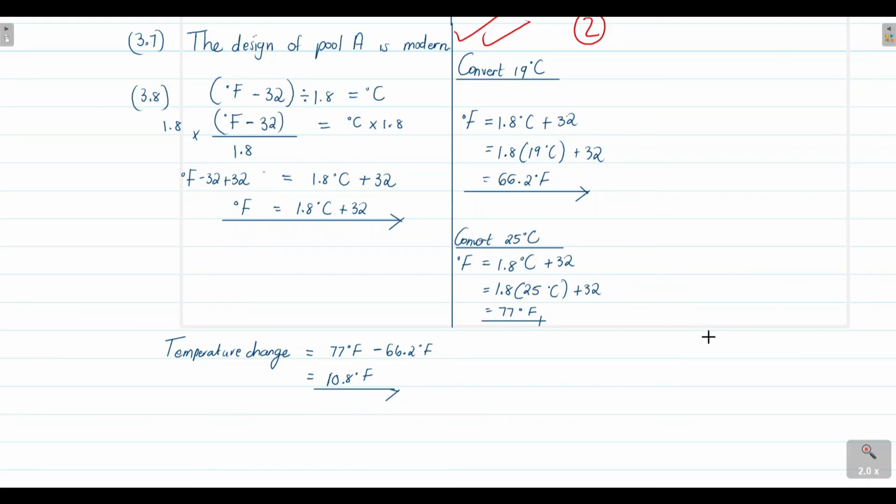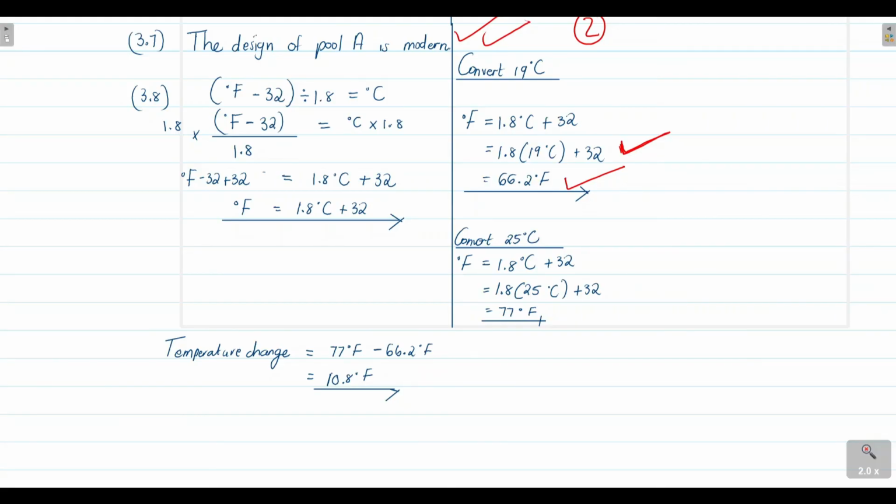You'll get 1 mark for showing that you need to first convert that 19 degrees Celsius to Fahrenheit. So you get 1 mark for 62.2 degrees Fahrenheit and showing how you substituted that into your formula. You'll get another mark for converting your 25 degrees Celsius to Fahrenheit.